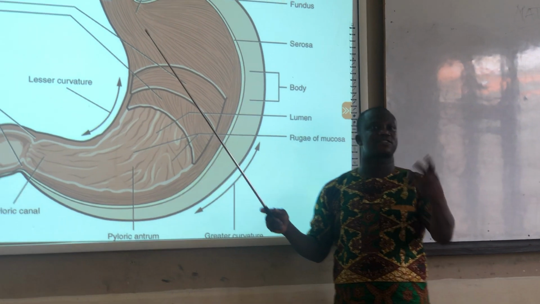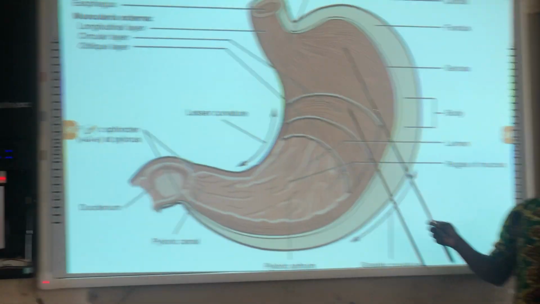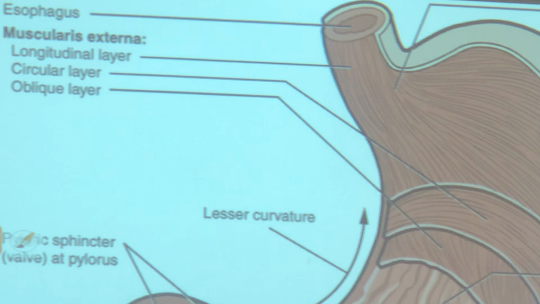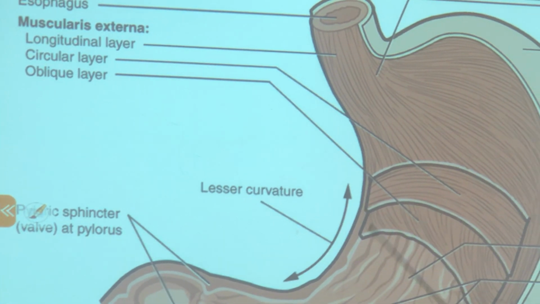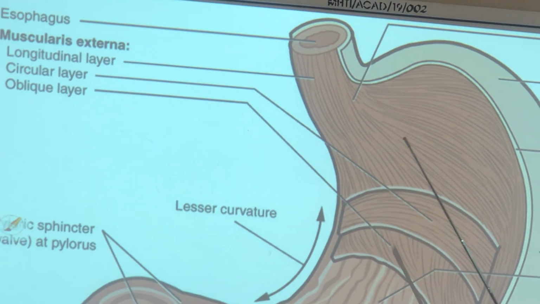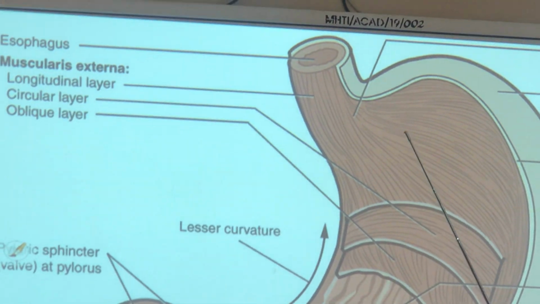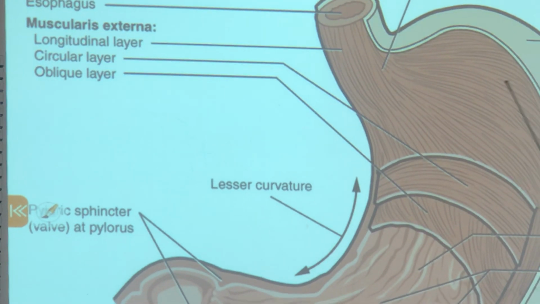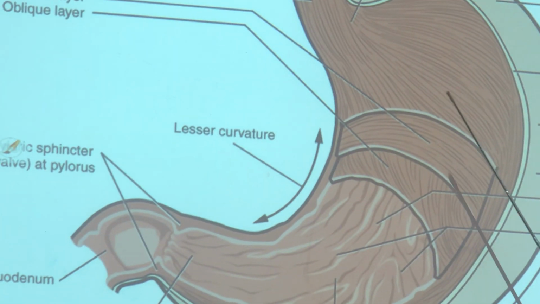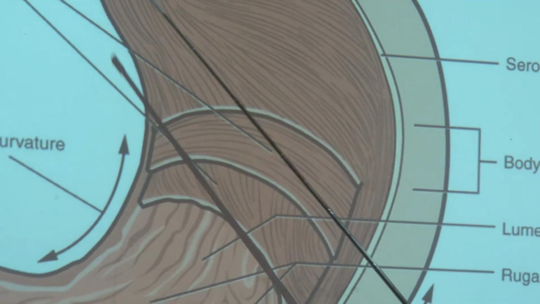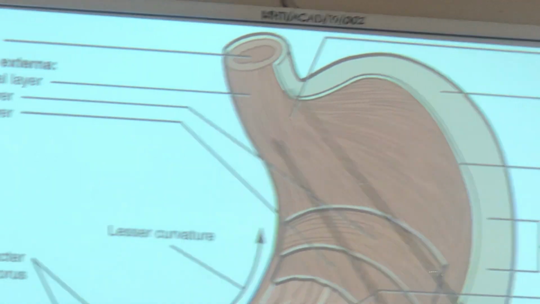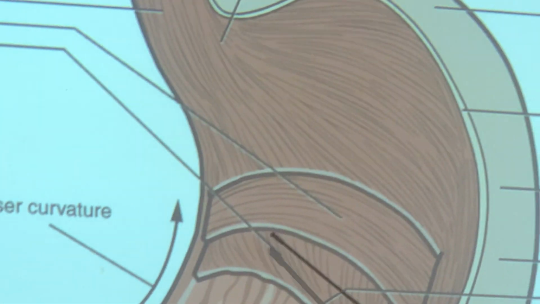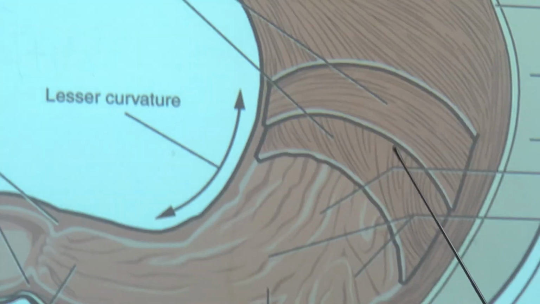Now what are those muscular layers of the stomach? The muscular layers of the stomach are of 3 kinds, namely, the outer longitudinal muscle layer, the middle circular layer, and the inner oblique layer. This is the outer longitudinal, the middle circular, then the inner oblique layer.